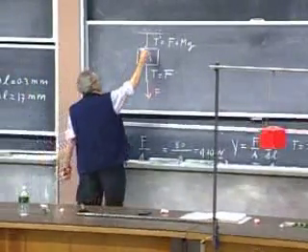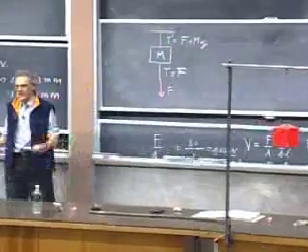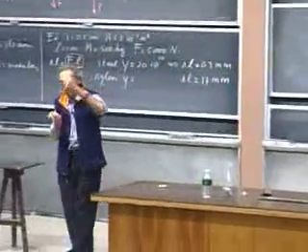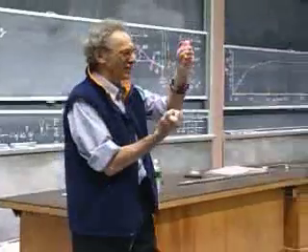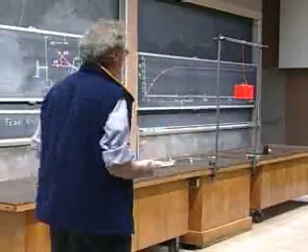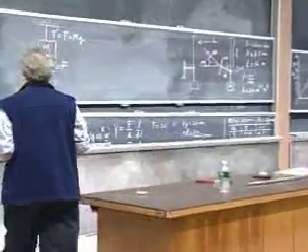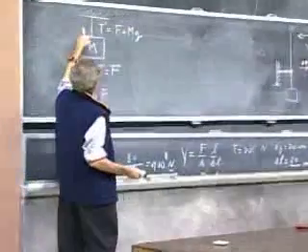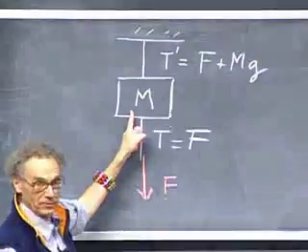Because what does it mean that this string is going to break? It means that the string has to get longer by a certain amount delta L before it says, sorry, I gotta go, and it breaks. For this string to get longer by a certain amount delta L, this block has to come down.